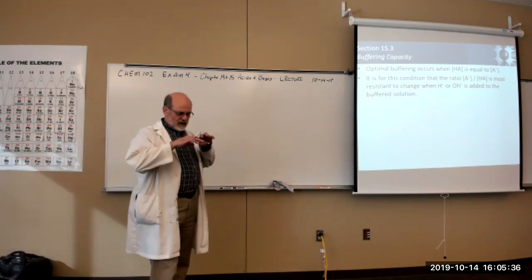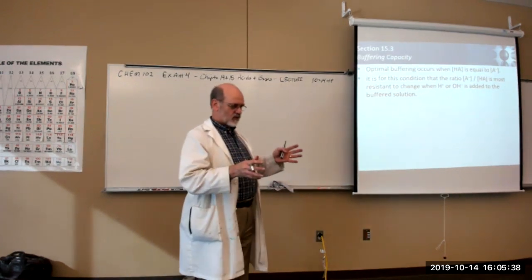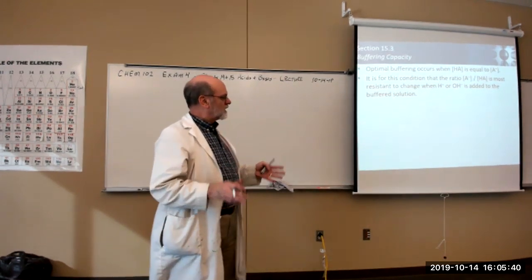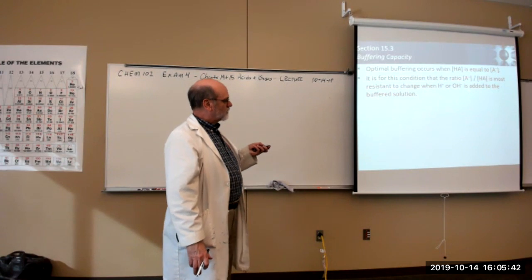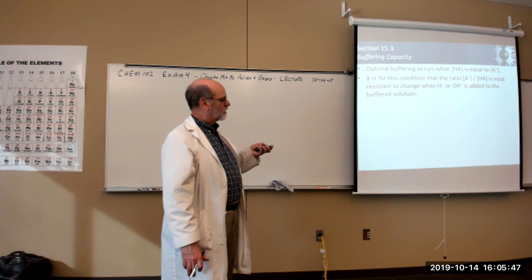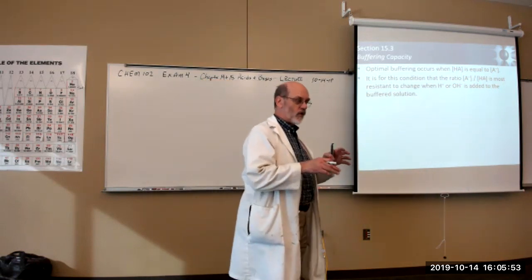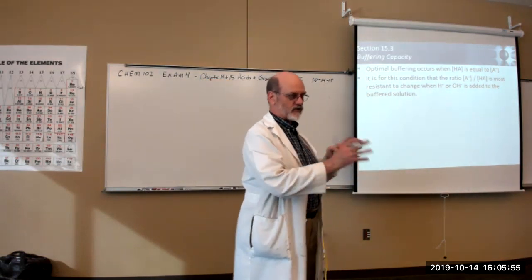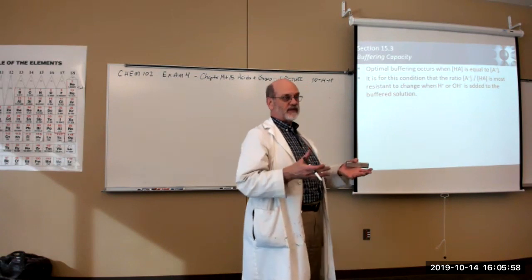Okay. Intuitively, qualitatively, if you've got equal amounts, you know that if hydrogen ions are going to react with this one to produce that one, then it's best to have, well, let's say you don't know whether acids or bases are going to be added. So you have to split the difference.